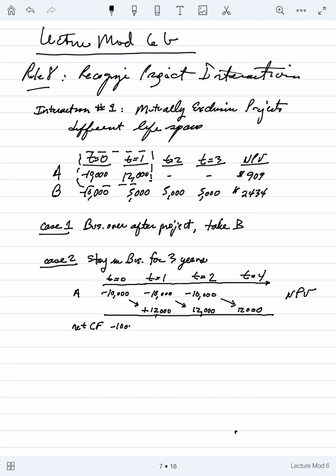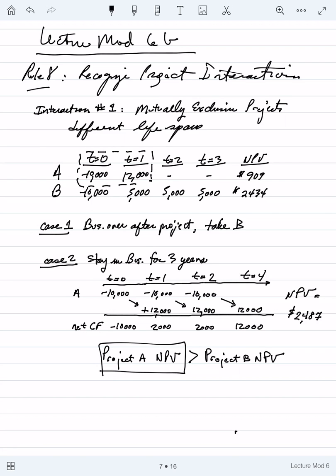So I've got minus 10,000 right there, and then I have 2,000, and I have 2,000, and I have 12,000. So now I'm generating a net present value here. It's 2,487. So project A has a net present value that is greater than project B. So clearly my choice would be to install project A.